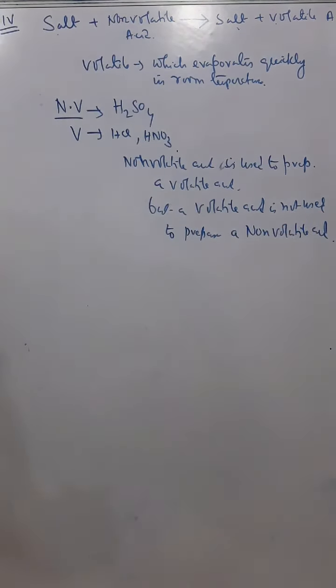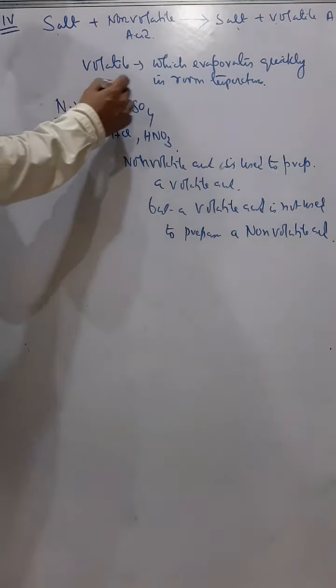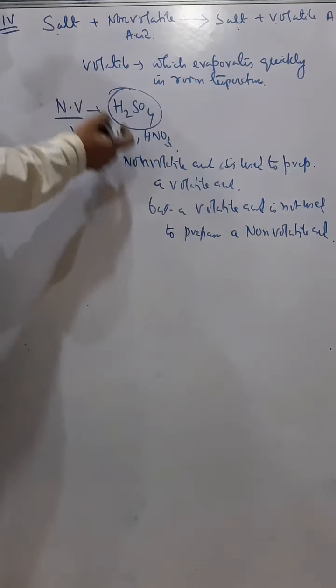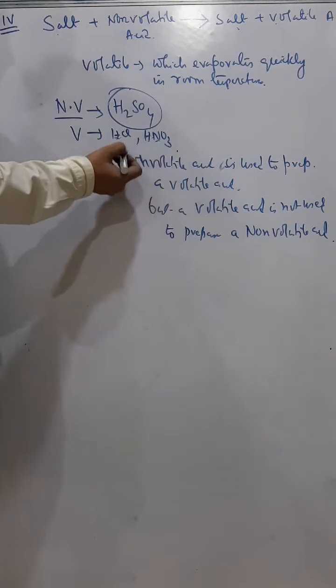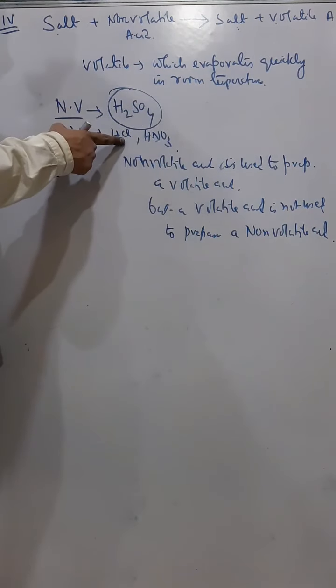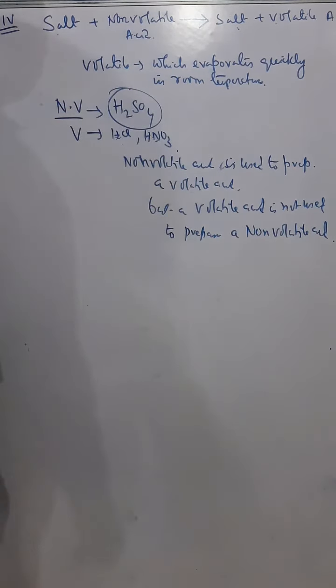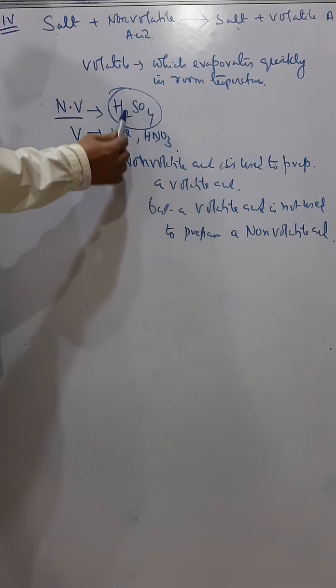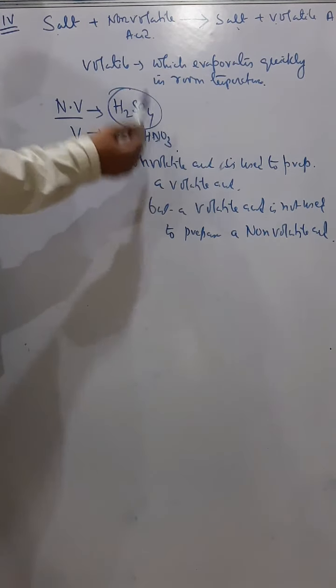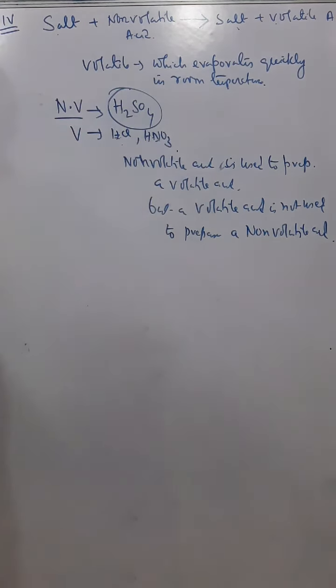Okay, I'll explain you. As I told you, this is a non-volatile acid and these two are volatile acids. So that means you can use sulfuric acid to prepare hydrochloric acid and nitric acid, but you cannot prepare sulfuric acid from HCl and HNO3. Okay, I'll explain you later.